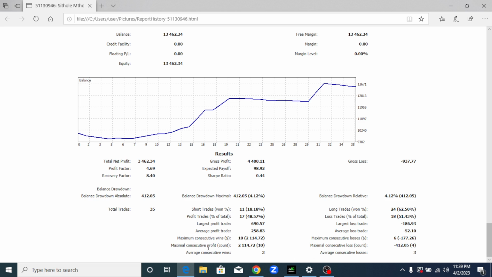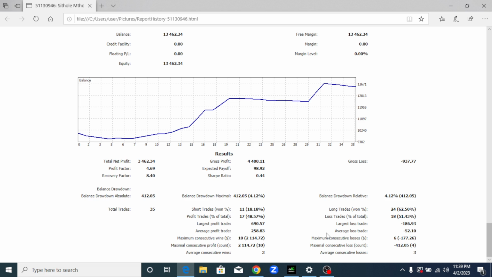And you see our consecutive profits compared to our consecutive losses, and our maximum consecutive wins, 10, compared to our consecutive losses. Statistically we have an edge over the market, which is a good thing.